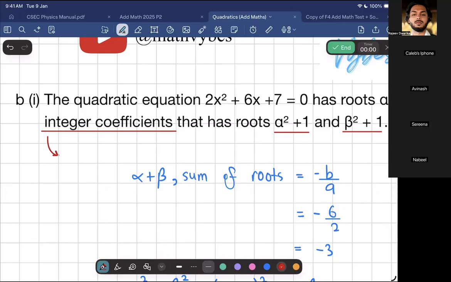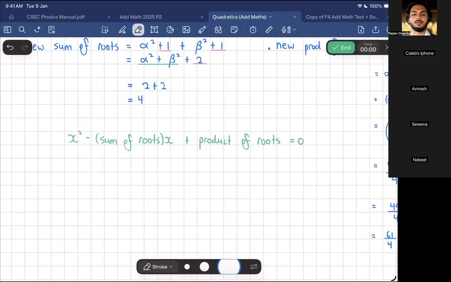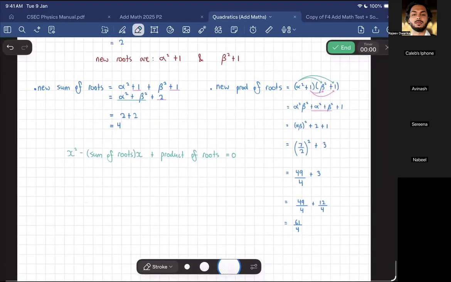So one is not a fraction. So no fractions. An integer example would be all whole negative numbers, like -1, -3, -7, etc. It would include 0 as well, and it would include all positive whole numbers. You'll see why I'm saying that.